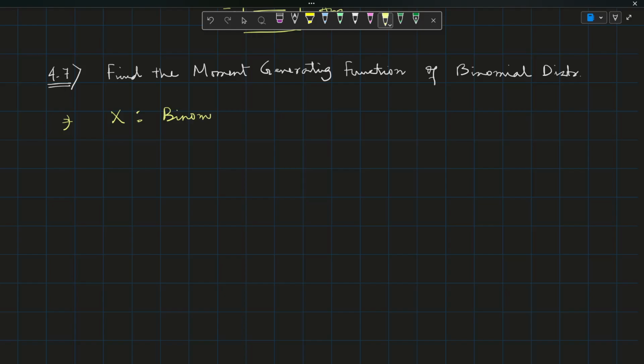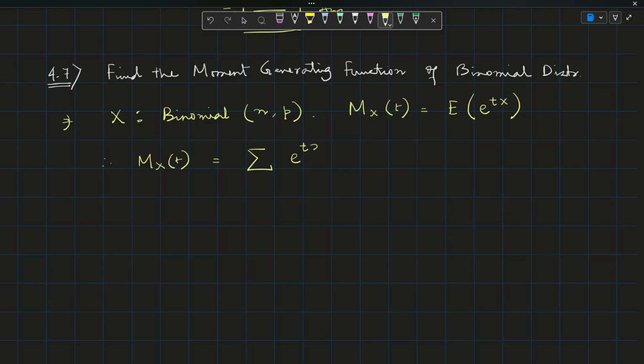So x is the binomial distribution with parameters n and p, and the moment generating function can be written as Mx(t), which is expectation of e to the power tx. So Mx(t) is expectation of e to the power tx, means summation e to the power t small x into f(x) for x equals 0, 1, 2, up to n.